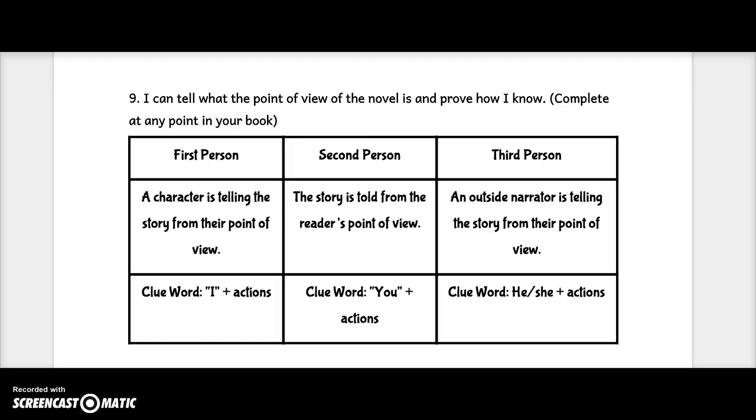And because an outside narrator is telling the story, the clue words you're going to look for are that the narrator is going to tell you what the characters are doing, such as he or she walked across the room, he or she said this. You won't ever have someone telling you things through their eyes. A third person narrator tells you from the outside of the story what's going on.